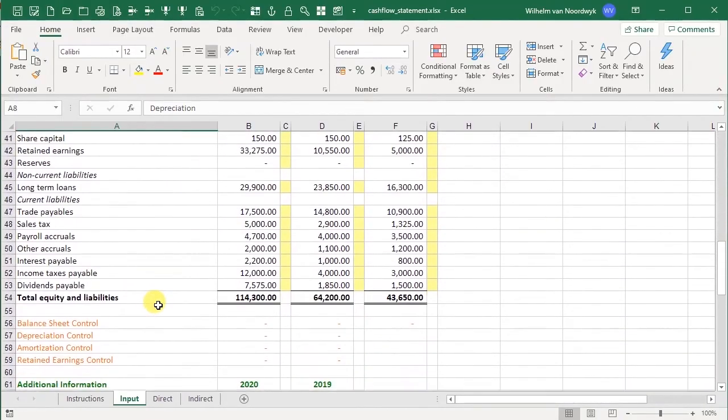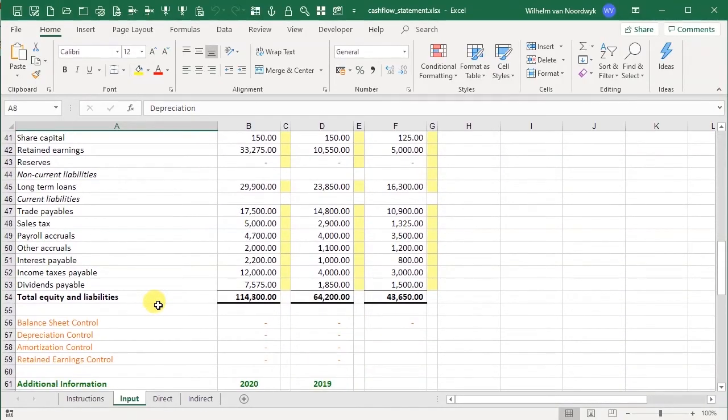It's important to be consistent because the income statement depreciation and amortization is used on the cash flow statement. And if that doesn't agree to the movement in accumulated amortization or accumulated depreciation, your cash flow statement will not balance.